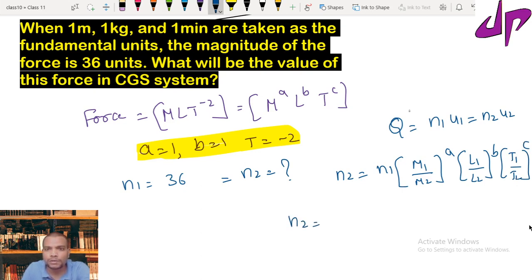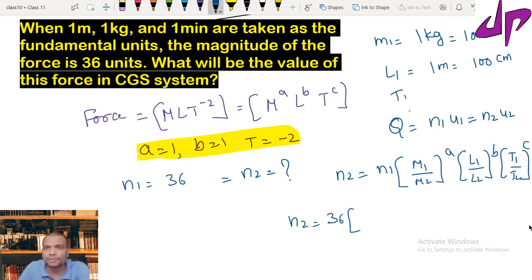So N2 equal to, N1 is given as 36, and M1 is mass 1 kg. In CGS units, if you convert that to grams, it is 1000 grams. L1, length, equal to 1 meter, which gives 100 centimeters.